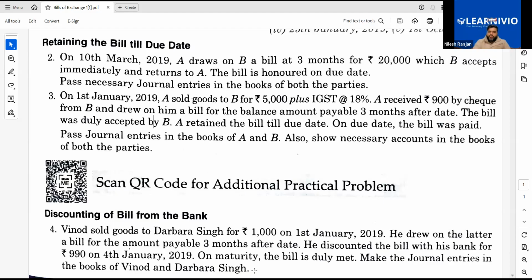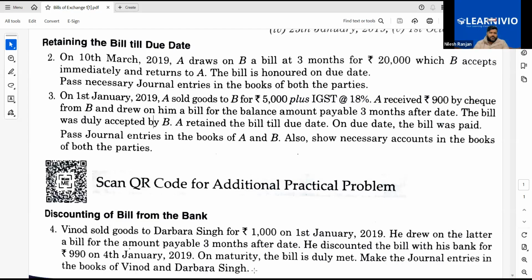The question is asking you to pass the journal entries in the books of Binod and Darbar Singh, both. Yes. So you have to pass the journal entry in both the books. No, I'm doing it.